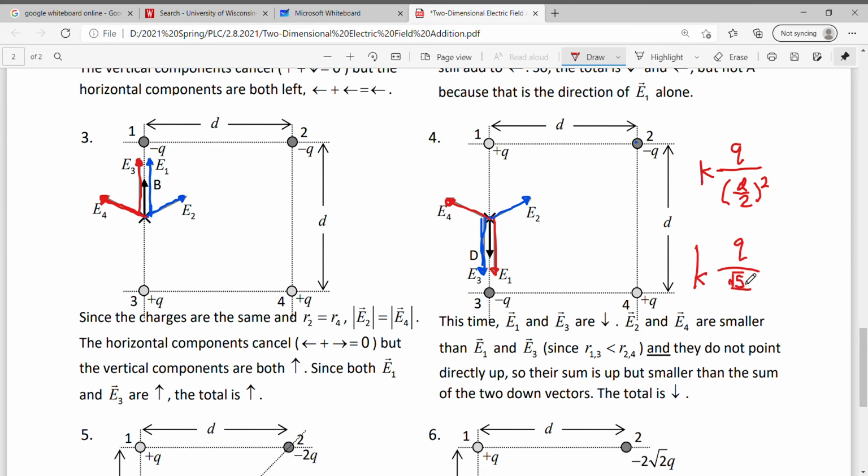You can do this by calculator if you're not very familiar with the numbers here.